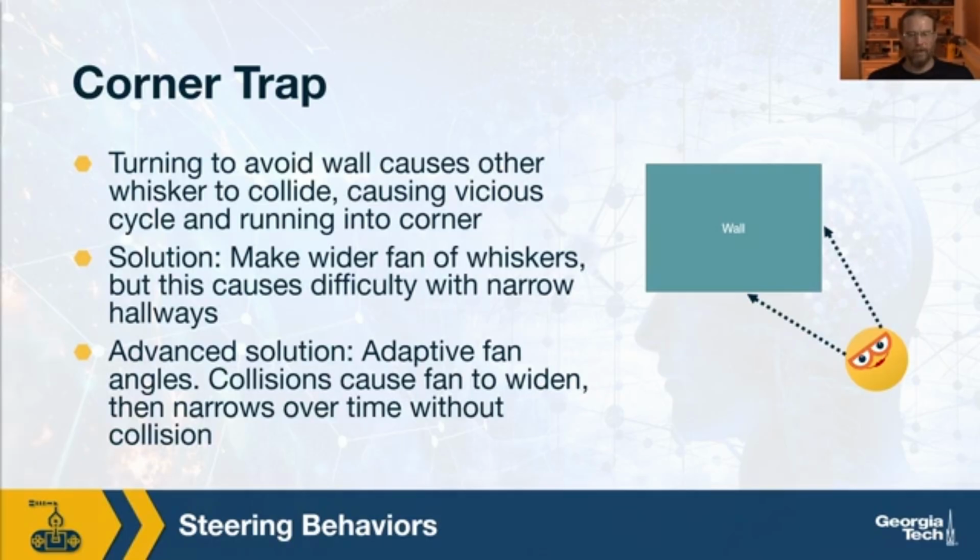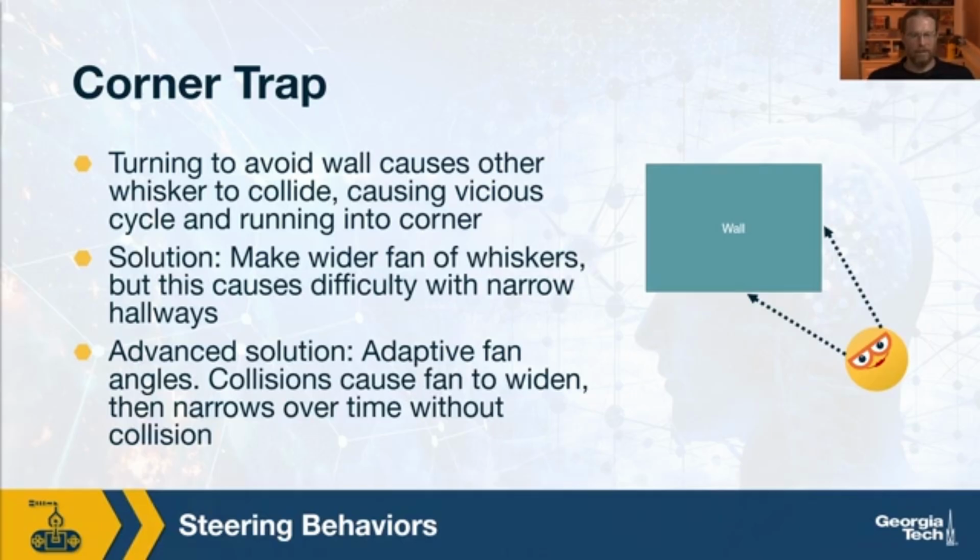And what that does is it causes the other whisker to turn into the obstacle if a corner is being approached, like shown in the figure. And so the agent will wiggle back and forth slightly, just homing in on the corner like it's an intended behavior, and then just get stuck. So this is a challenge to deal with.